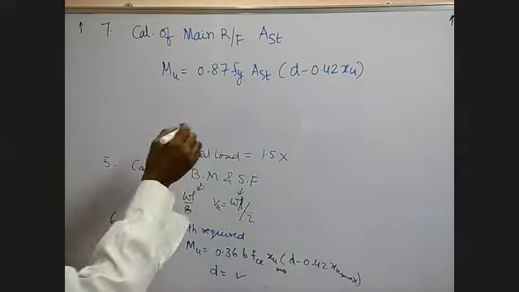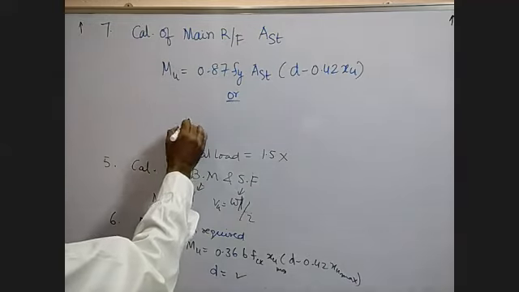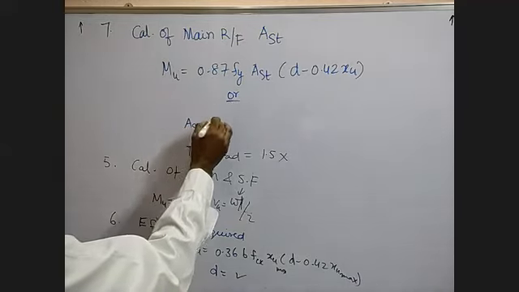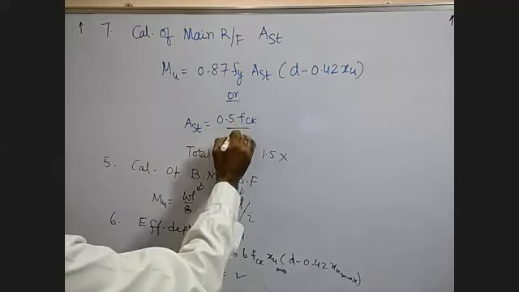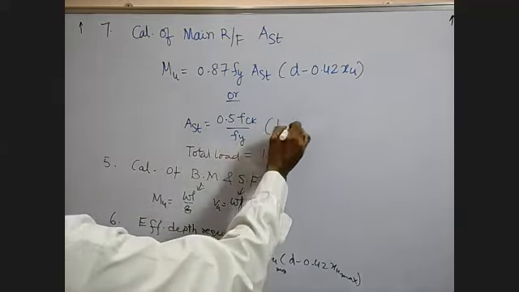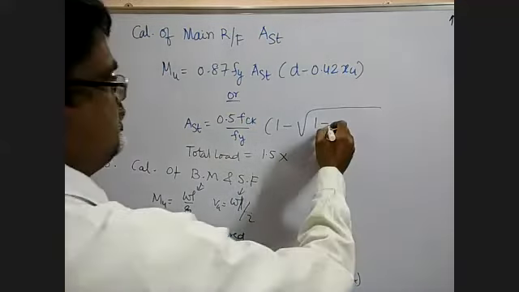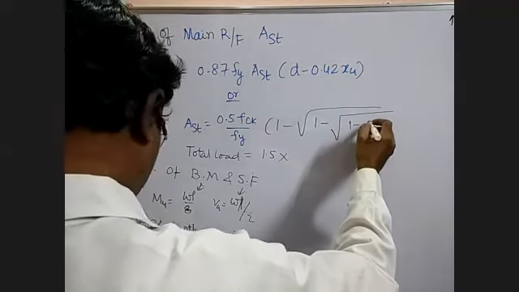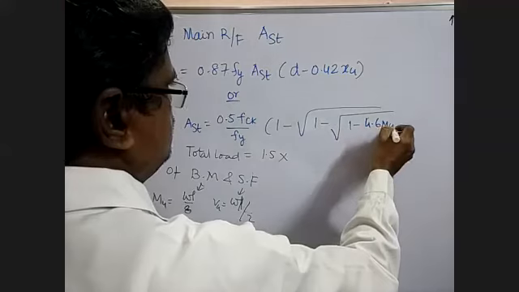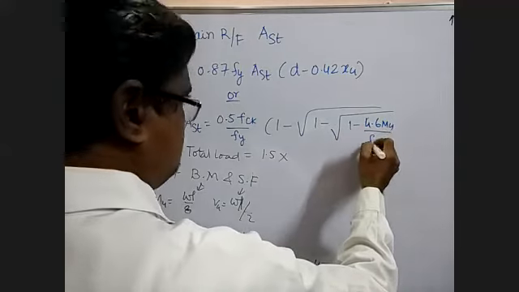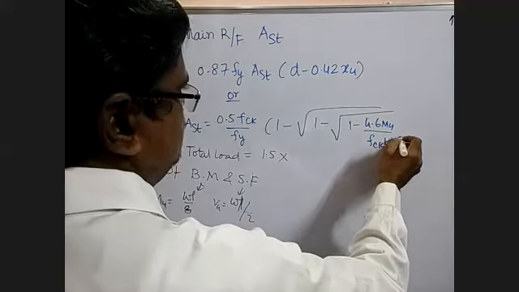You can also use the PT formula. AST is equal to 0.5 FCK by Fy into (1 minus square root of 1 minus 4.6 MU by FCK BD square) into BD.